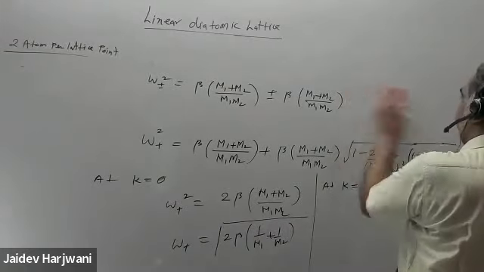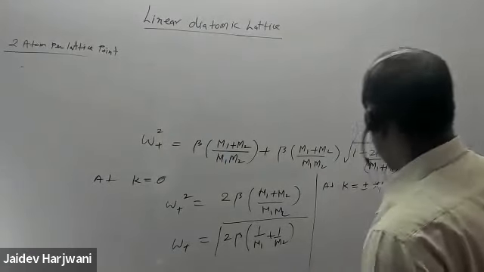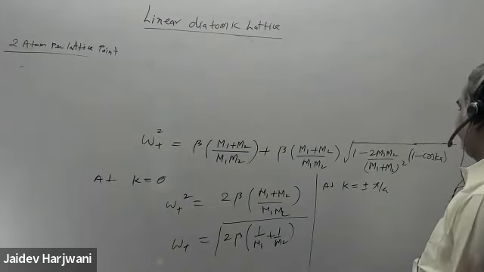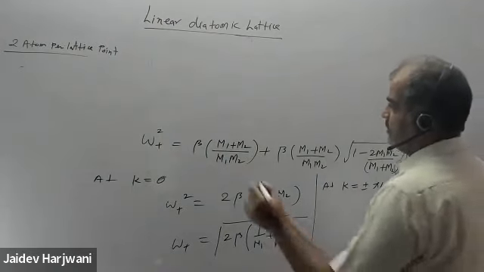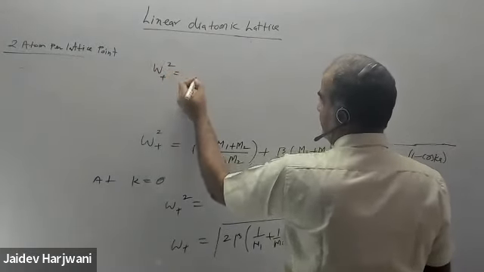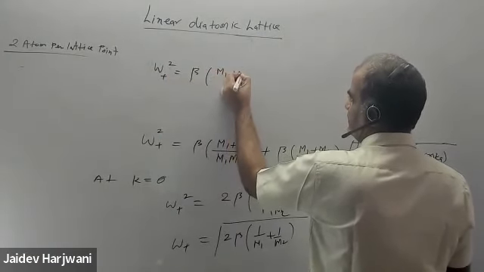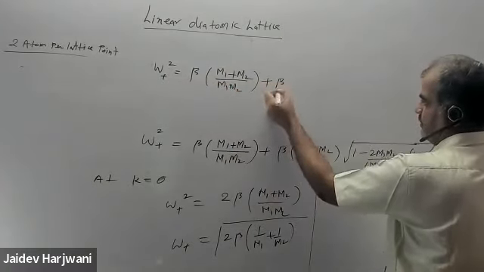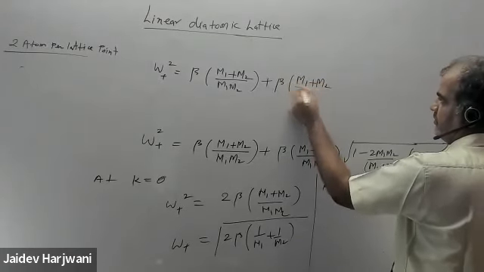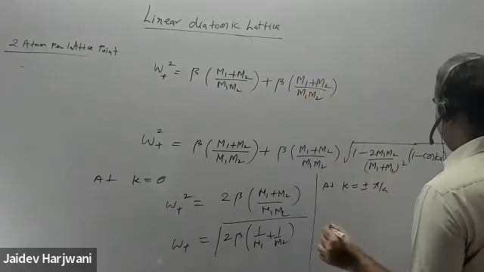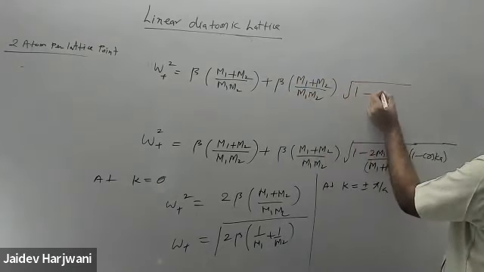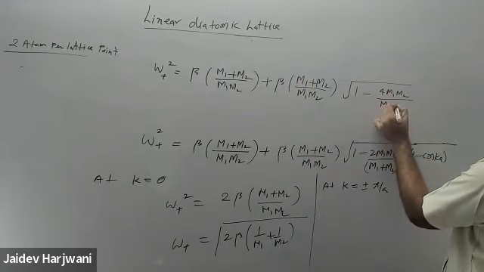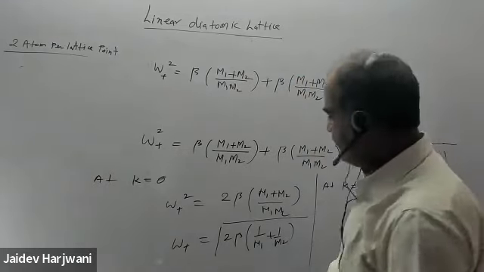If I calculate at k equal to plus minus pi by a, the cos term becomes minus 1, so I can write omega plus square as beta (m1 plus m2)/(m1 m2), plus beta (m1 plus m2)/(m1 m2) under root 1 minus 4 m1 m2 upon (m1 plus m2) whole square. So solve it further.